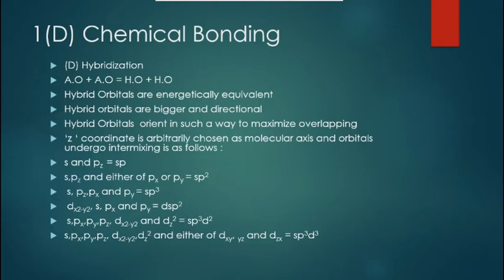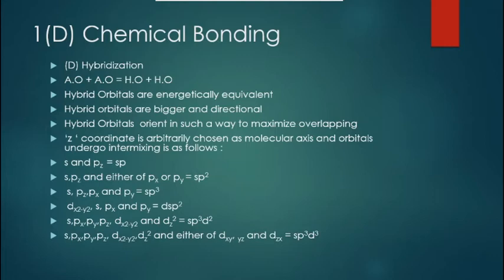In dsp2 hybridization, dx square minus y square, s orbital and px and py undergo intermixing. In sp3d2, s orbital, three p orbitals, and dx square minus y square and dz square undergo intermixing. In sp3d3, s orbital, three p orbitals, dx square minus y square, dz square and either of dxy, dyz or dzx can undergo intermixing.